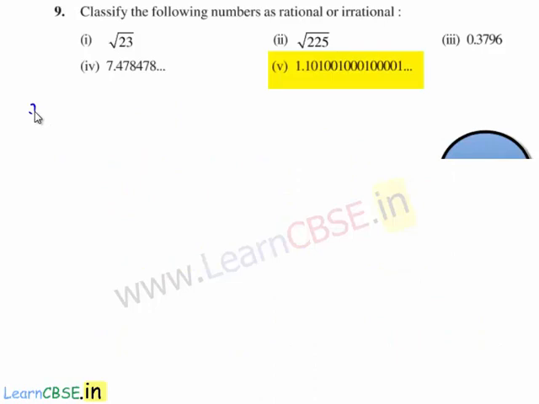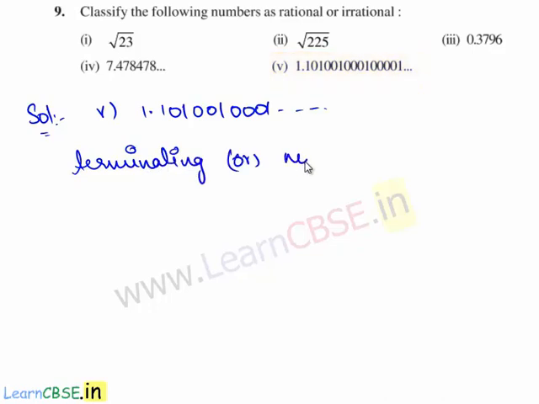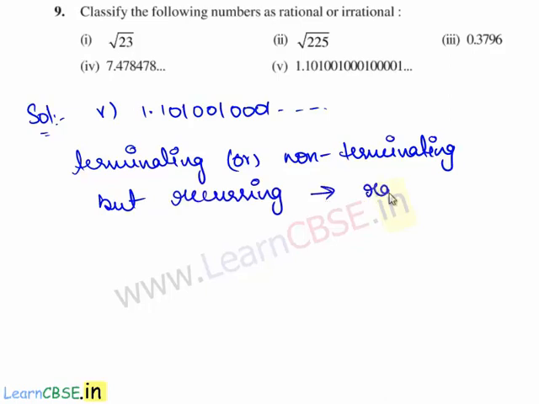Now let us move on to the fifth bit. Here we need to classify whether 1.101, 001, 0001 and so on is a rational or an irrational number. The number whose decimal expansion is terminating, non-terminating but recurring is a rational number.